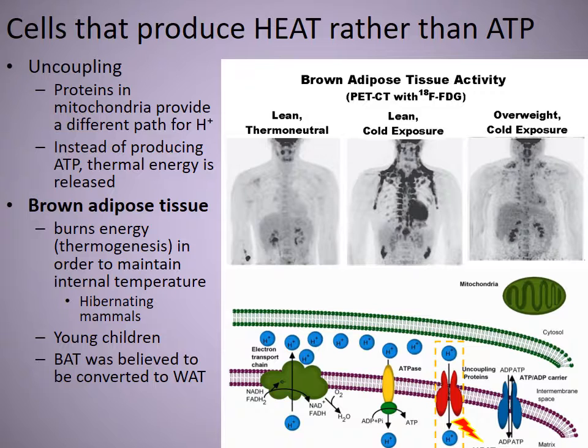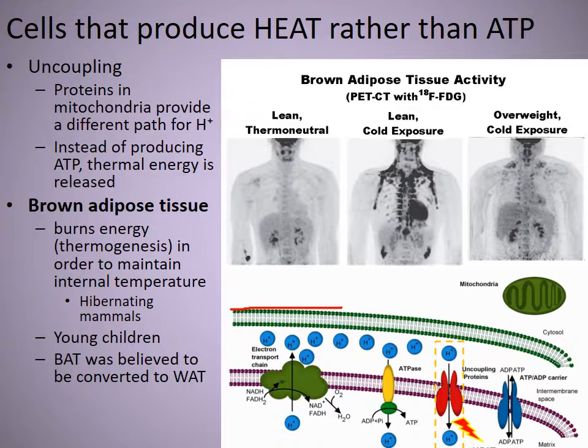This is to help maintain internal body temperatures, especially when your tissues or your body is cold, or when you're exposed to colder temperatures. Instead of an ATP synthase producing ATP, take a look at this picture down here.